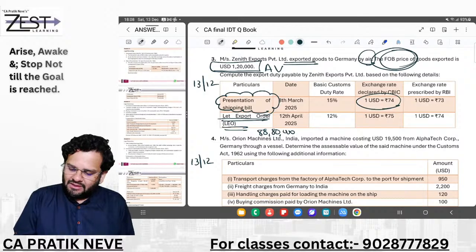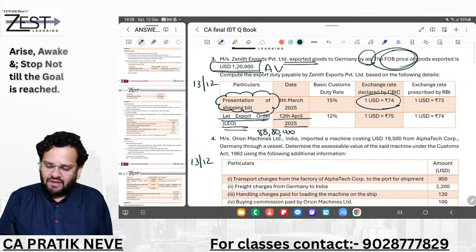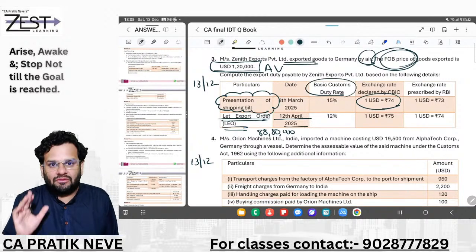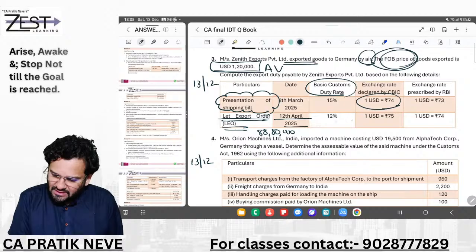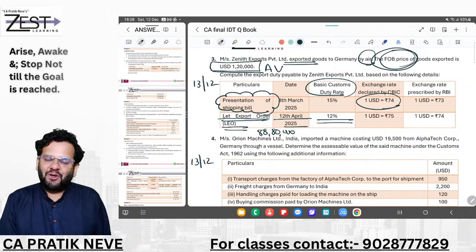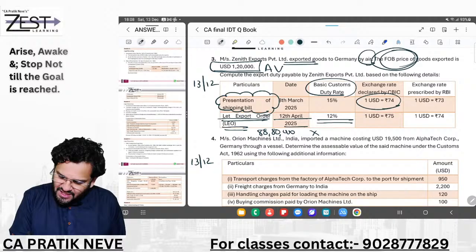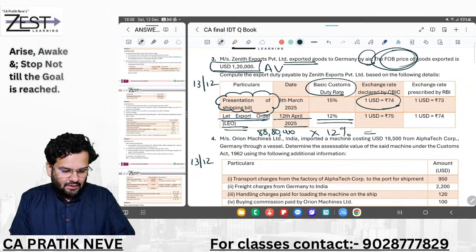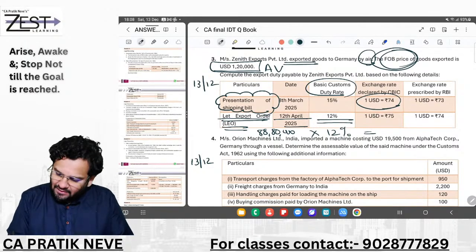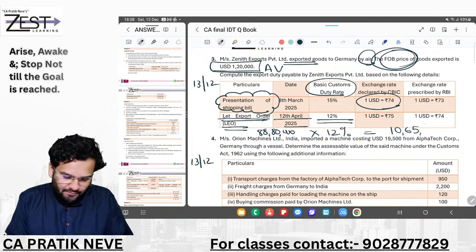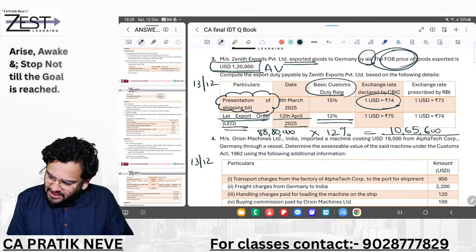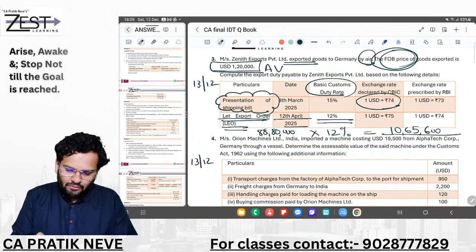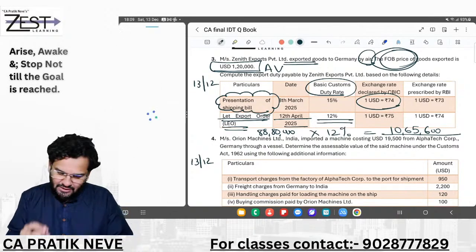So that happened in this case on 12th April 25. On 12th April 25, the rate of customs duty is 12%. Got it? So 88 lakh 80,000 into 12%, that's going to be 10 lakh 65,600. Friends, in such cases, you don't have SWS. That's what I told you. So just go ahead, check the answer.